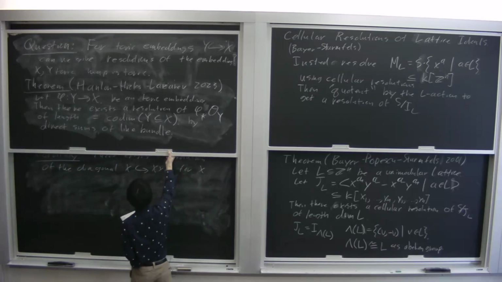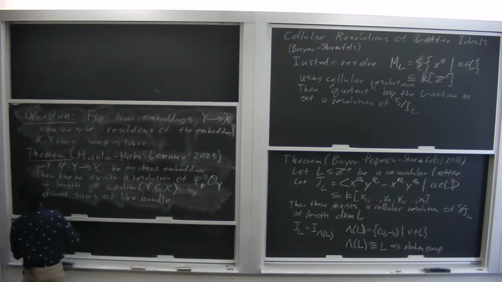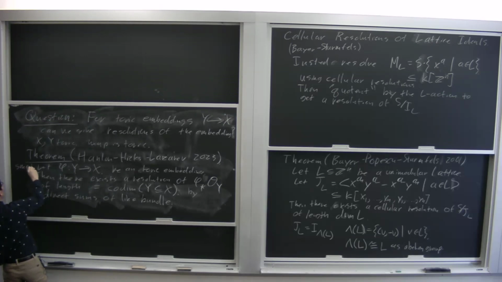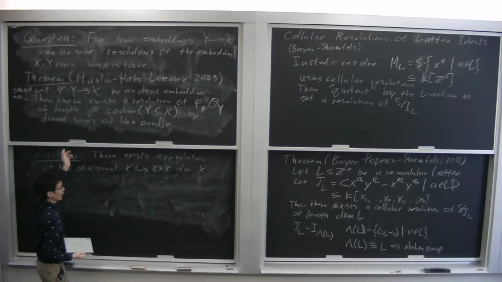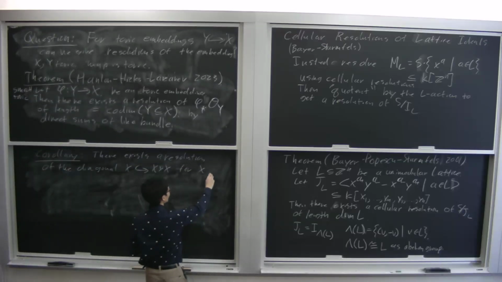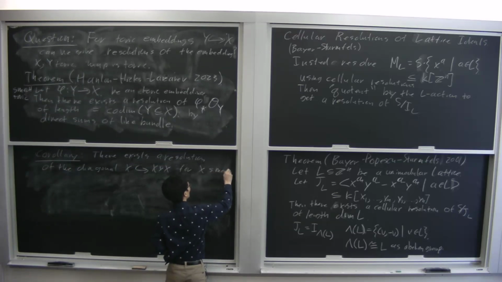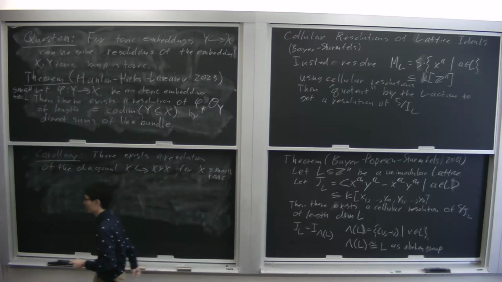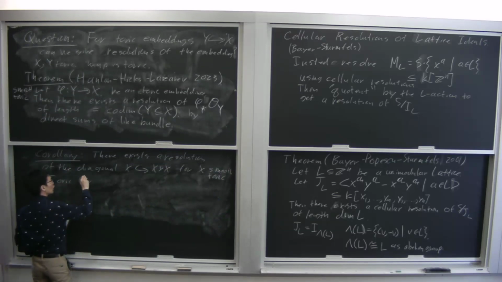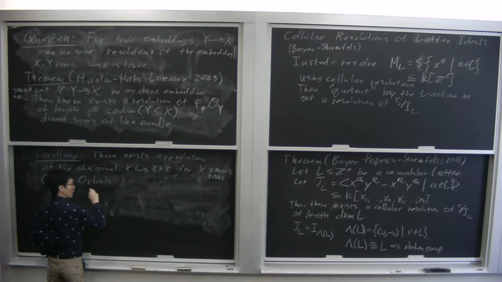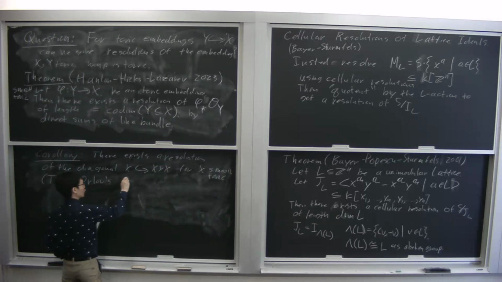Somewhere I need smooth. Let's say everything is smooth. You can get away with less, but you need something. Otherwise, things do break. For x smooth toric. And this proves toric Orlov's conjecture.